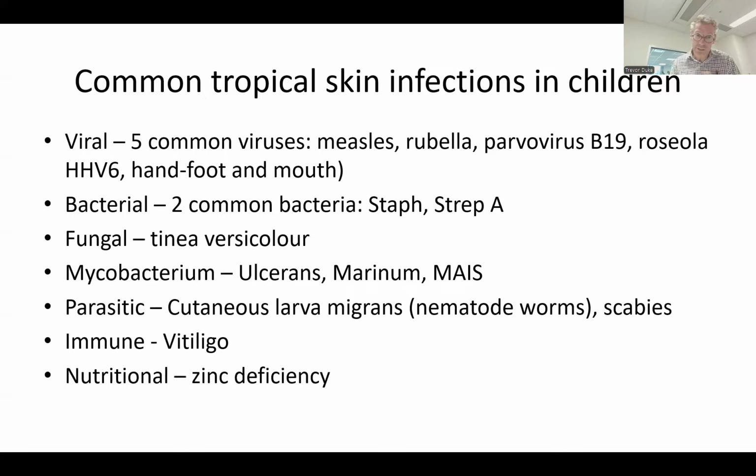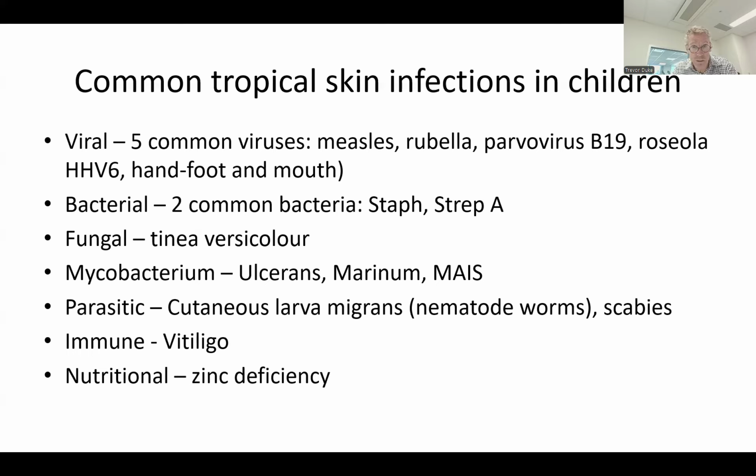And I mentioned vitiligo. We haven't talked about zinc deficiency. That's for another day. But I think it's good to have an understanding of tropical skin infections and to be able to make distinctions between different sorts of common and uncommon infections.